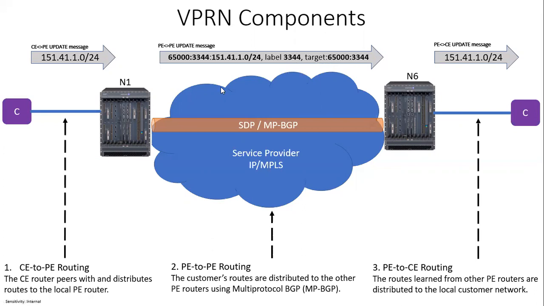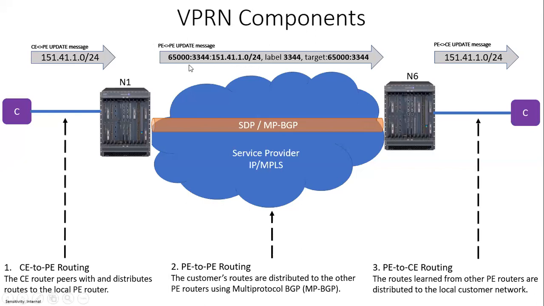65,000:3344. So the actions that the provider edge router takes on this particular prefix is first, it's going to generate a VPN label for this prefix because it has to store this prefix in its VPN table. And the VPN table is shared between all of the provider edge routers. So it needs a way to distinguish this particular IPv4 prefix.